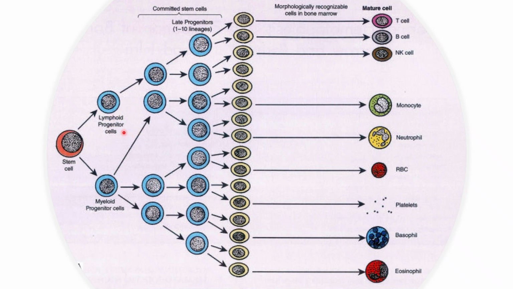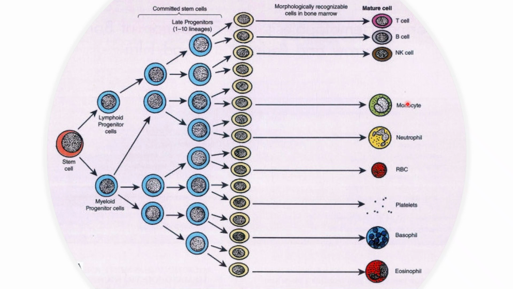So from the lymphoid progenitor cell, we have mature T lymphocytes, B lymphocytes, and natural killer cells, and the myeloid progenitor cells further differentiate into monocytes, neutrophils, RBCs, platelets, basophils, and eosinophils. And these cells can be morphologically differentiated and recognized in the bone marrow itself.